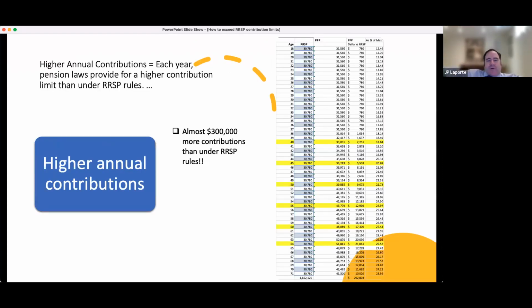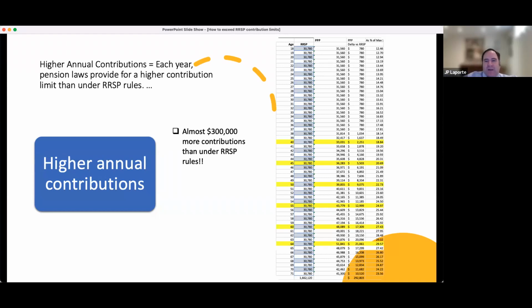All right, the third way in which we're increasing the contribution beyond what's permissible under an RRSP is by benefiting from the pension limits on an annual basis. We are able to do higher contributions than the RRSP.